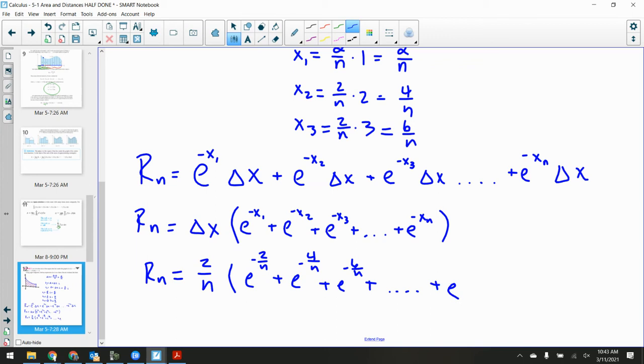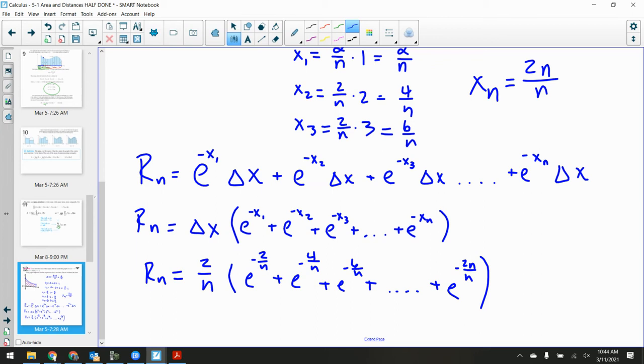Now, what's that going to be up top? If I want xn, what's that going to be? 2n over n, right? Negative 2n over n up in the exponent, which would just be negative 2, since that cancels.